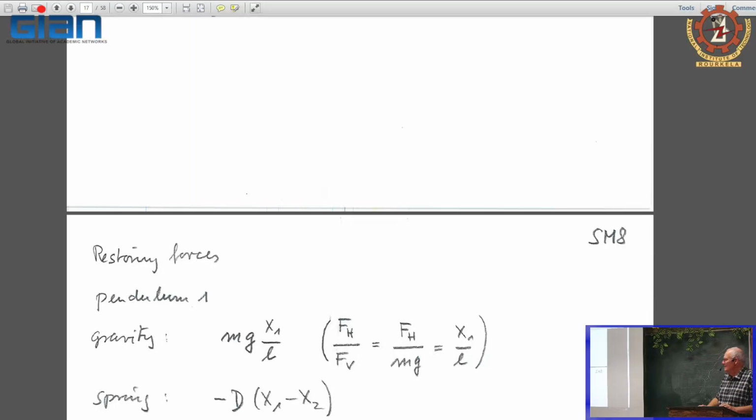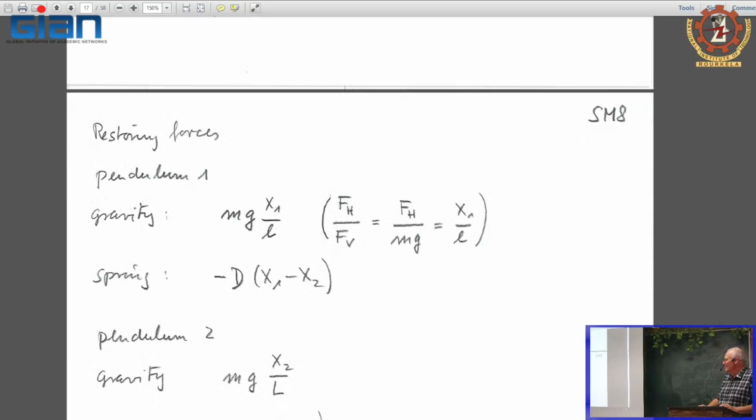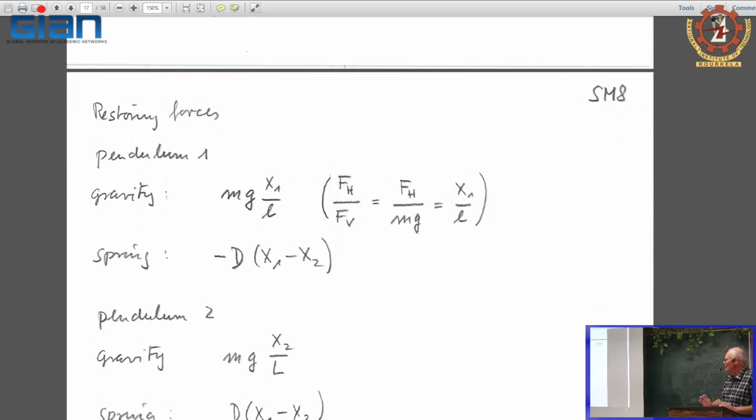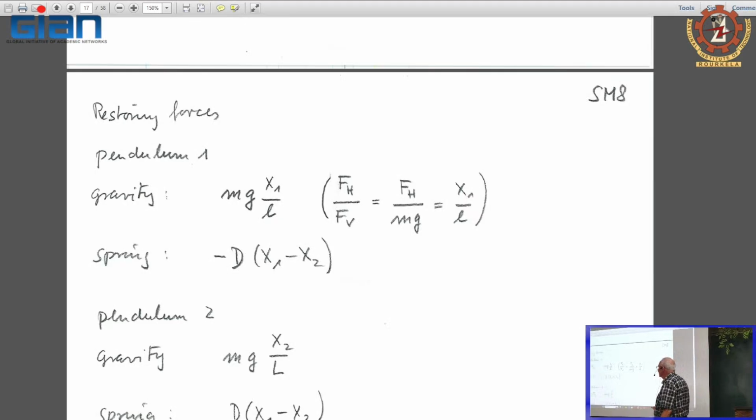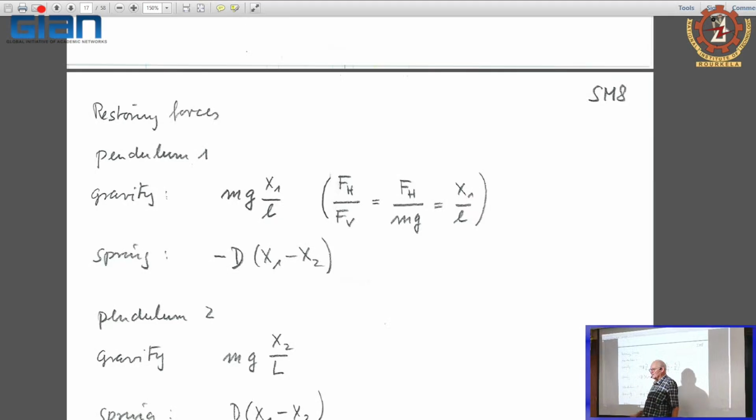Okay, so let's consider the equations of motion for this pendulum. Well, you probably should be familiar with that. The forces which act on the pendula are either gravity and the force exerted by the spring.